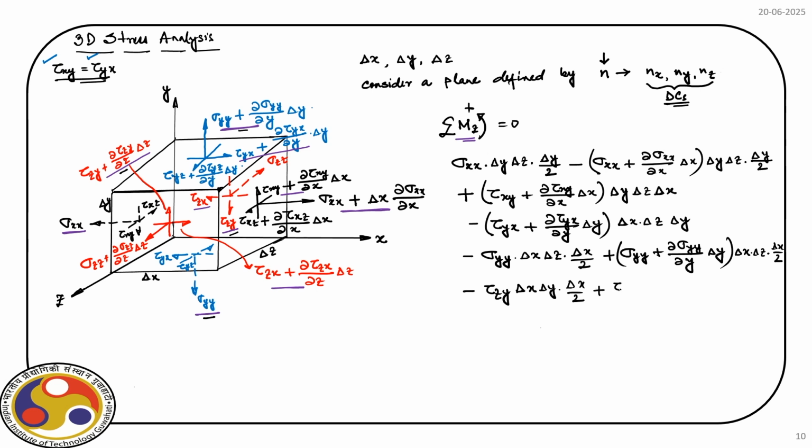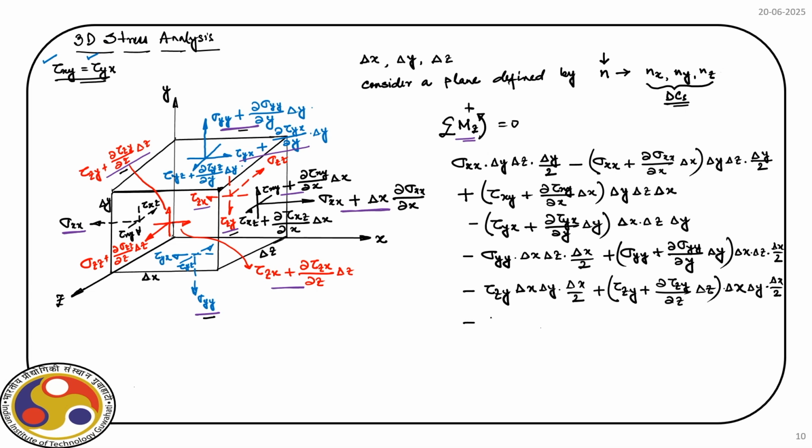Plus tau zy plus its variation over z axis. So, tau zy over z times delta z, times the area delta x delta y, times we have delta x by 2 as the lever arm. Then we are almost done.